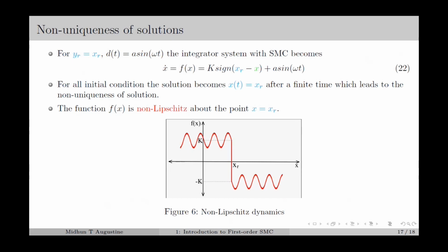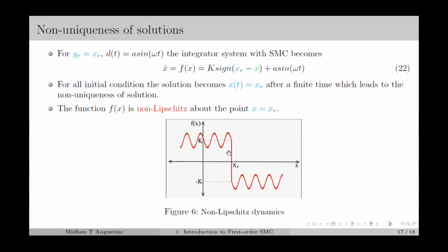Now from nonlinear system theory, in order to have a unique solution to the differential equation x dot equal to f of x, the function f should be Lipschitz. By Lipschitz, we mean that the function should have a finite slope across all its domain. However, in this case, at x equal to xr, the slope of the function is infinite.